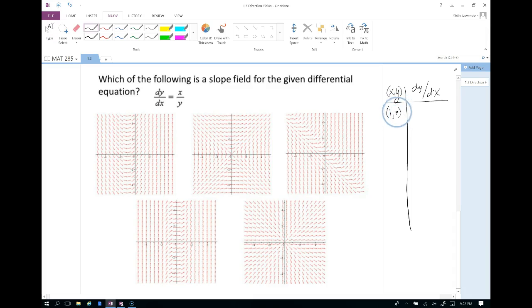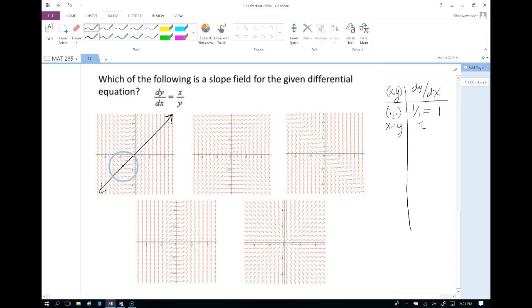If we plug in the point (1, 1), we're going to have 1 over 1, which is 1. And as a matter of fact, because of the way that this differential equation is written, anytime the x and y coordinates match, it's going to be 1. Anytime x equals y, we're going to have 1. So the x equals y line is this line. So anytime we're on that line, we should have a slope of 1.